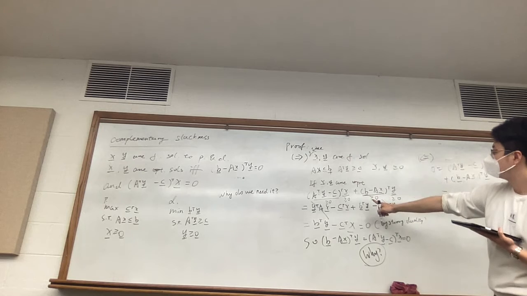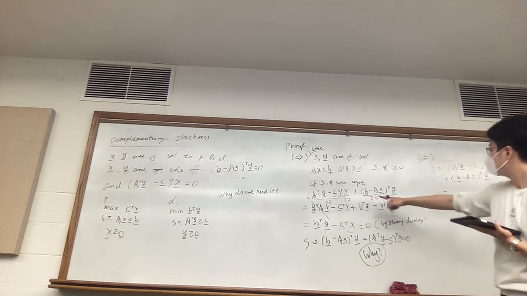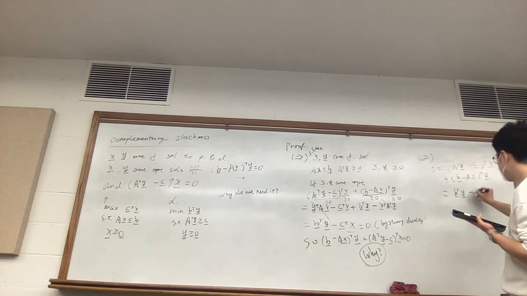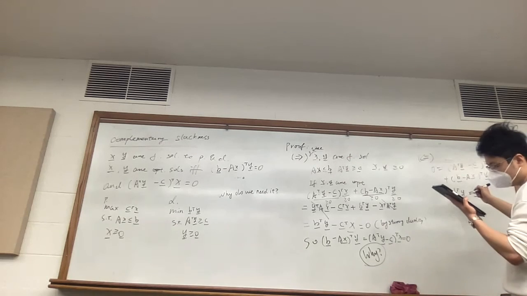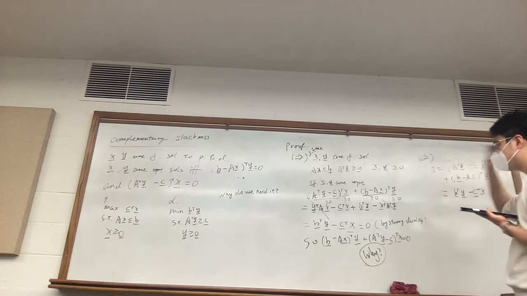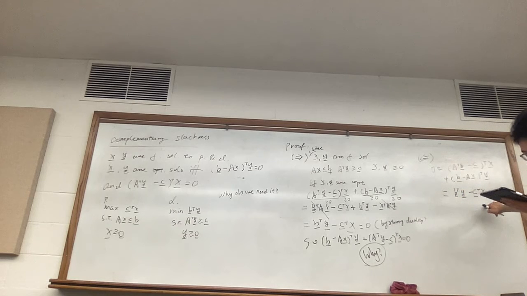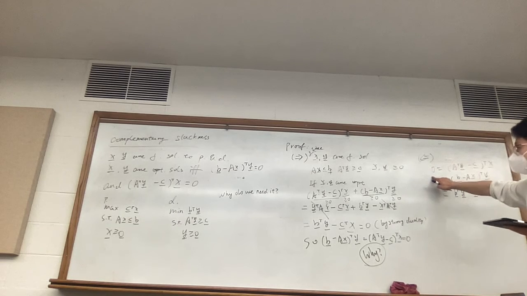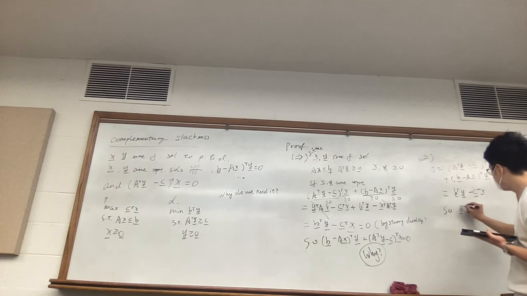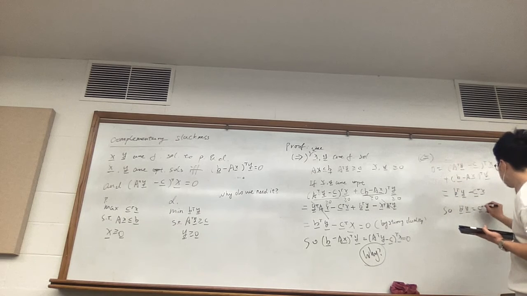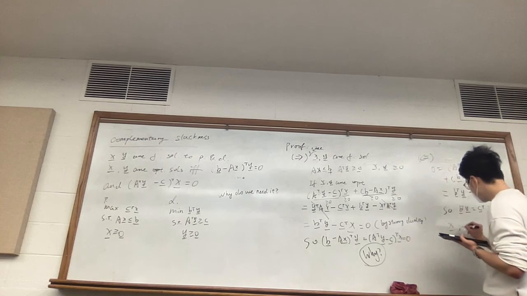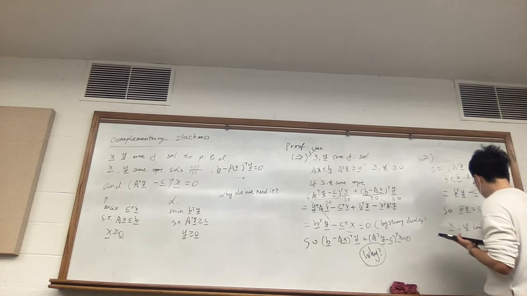If we add them up, we get b transpose y minus c transpose x. This is equal to 0. Then we have b transpose y equals c transpose x. So we can say that x, y are optimal.